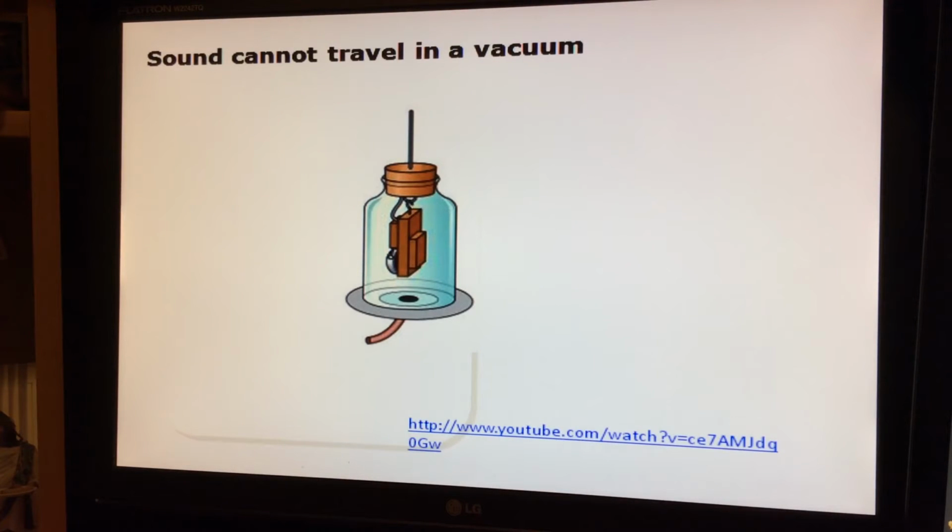Just perhaps before I go into the derivation, we need to know what a sound wave is. A sound wave is a mechanical wave. It is not an electromagnetic wave. And because sound wave is a mechanical wave, it requires a medium for it to travel.